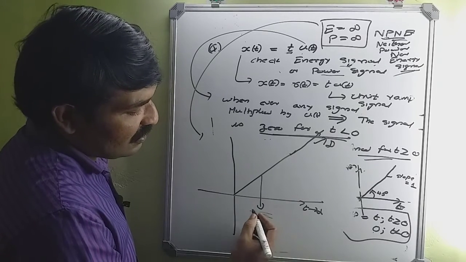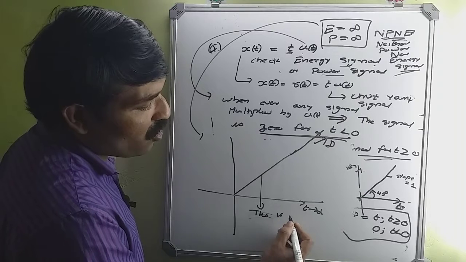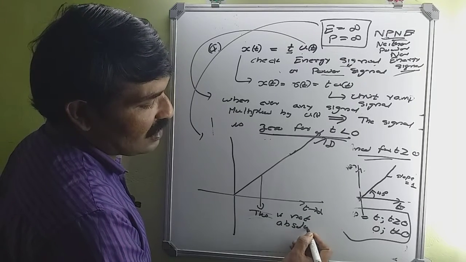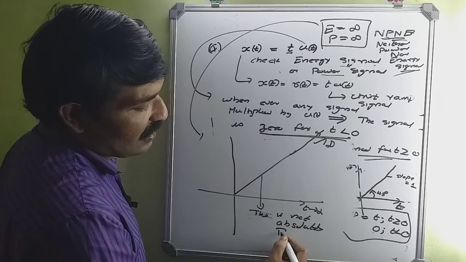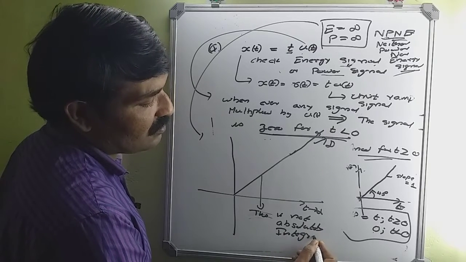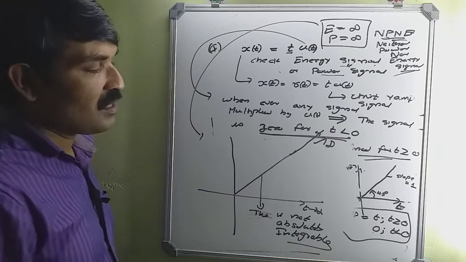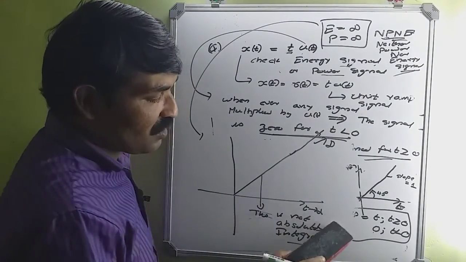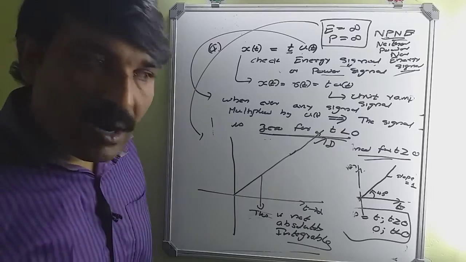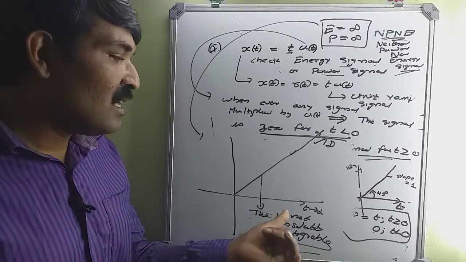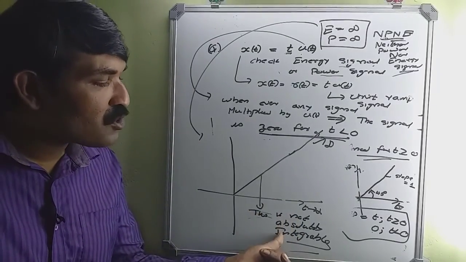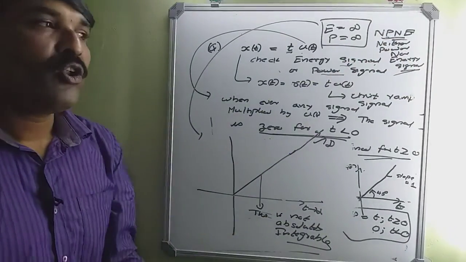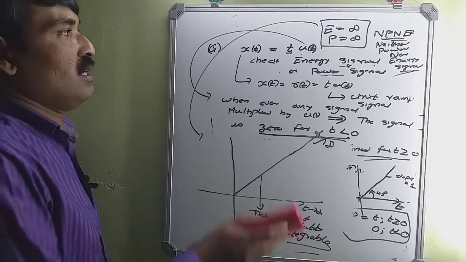That means this is not absolutely integrable, since the value of function goes to infinity as t goes to infinity. So the function is not absolutely integrable. So any function which is not absolutely integrable is neither power signal nor an energy signal.